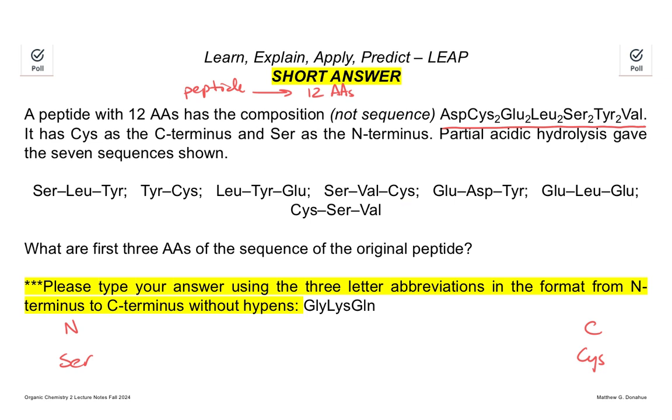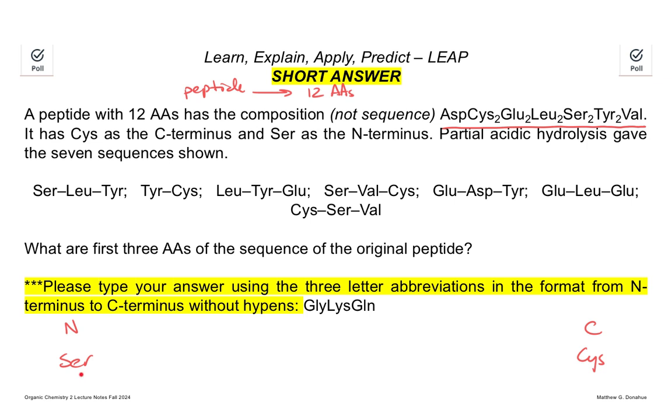Cys and Cys. You see this one's internal, or it's going to be internal. So that cannot be at the end. So one of these has to be at the end.